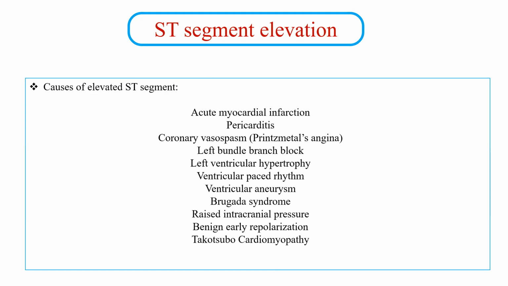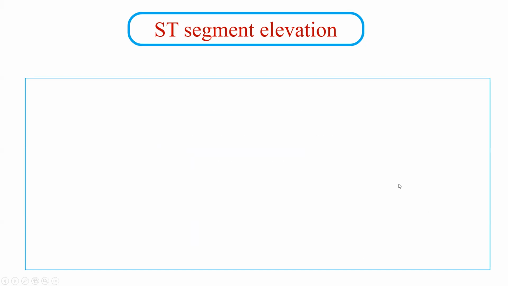You have to understand the patient's symptoms, the troponin level and other biomarkers, and accordingly interpret your EKG. I will talk about specific tips here for ST segment elevation, and the other causes we will discuss in different videos. All right.